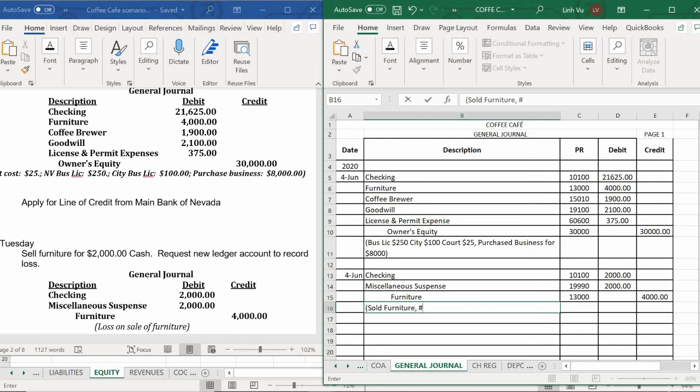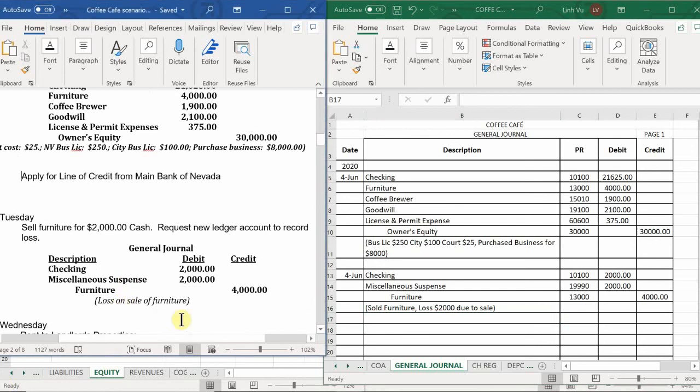And then you can recognize loss $2,000 due to sale. Okay? That should be good enough. And here, of course, I wrote a different description, but that's, again, whatever you want to do. Okay, loss on sale of furniture. Actually, that's a little better wording, but in this case, I'm being more specific about it.